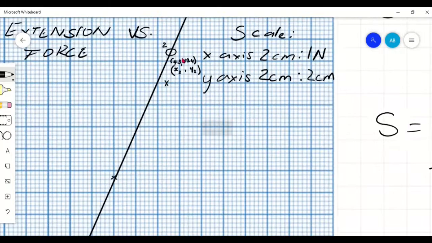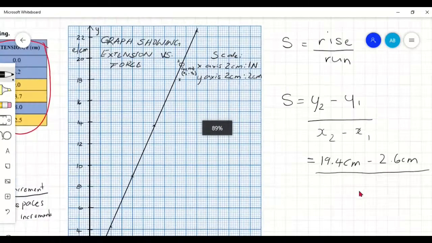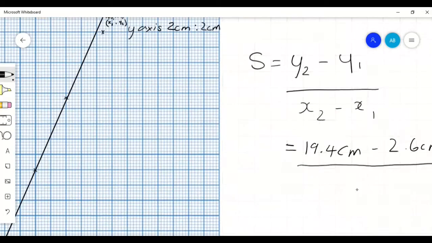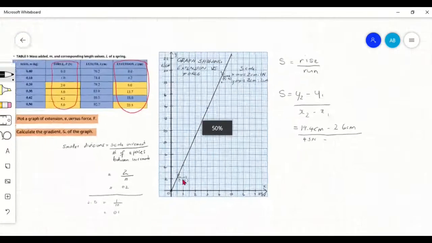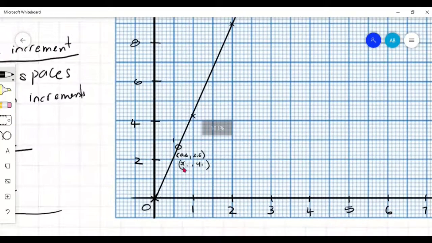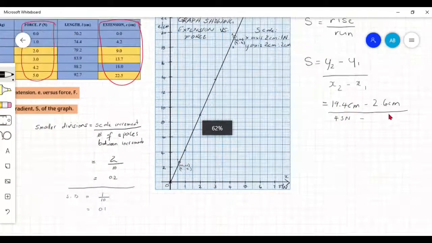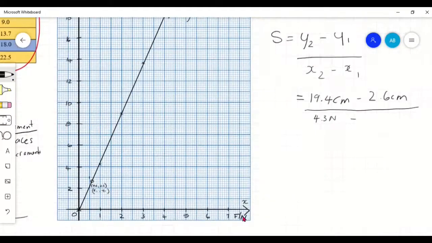What was that? 4.3? Yes. 4.3 newtons minus, let's go for x1, 0.6 newtons. How do we know it's newtons? Because the unit on the x is newtons.